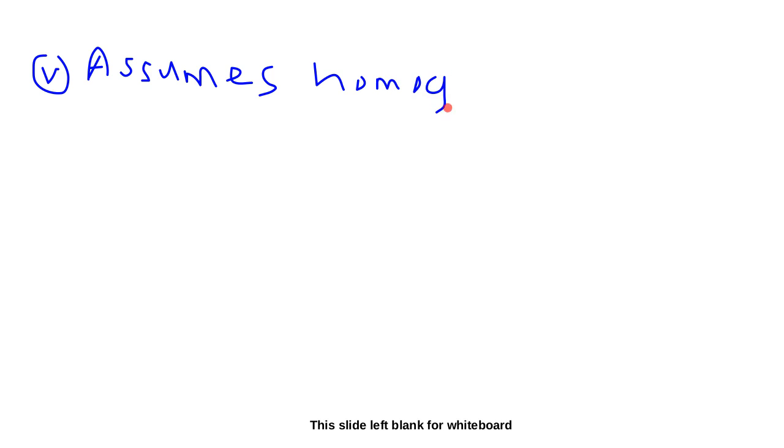Then number five, it assumes homogeneity. Homogeneity means similar.